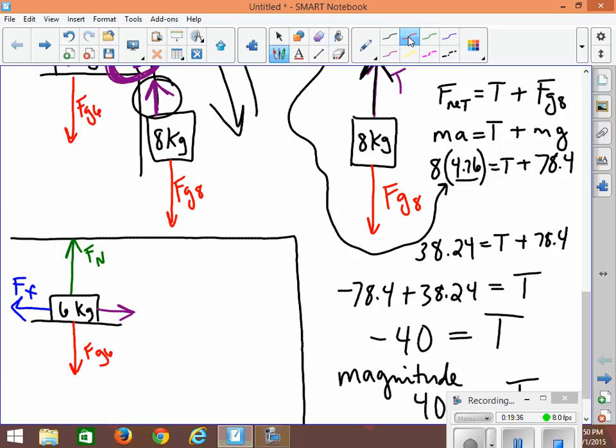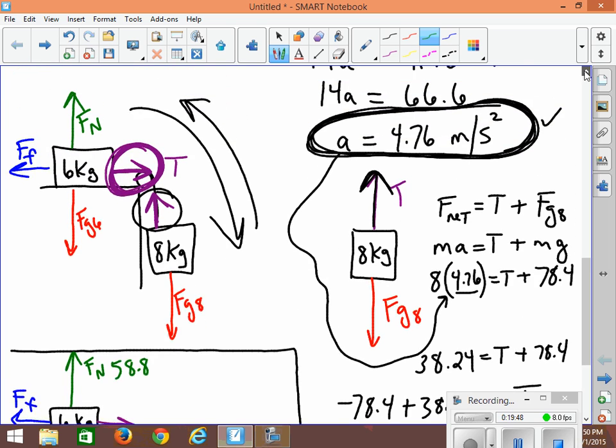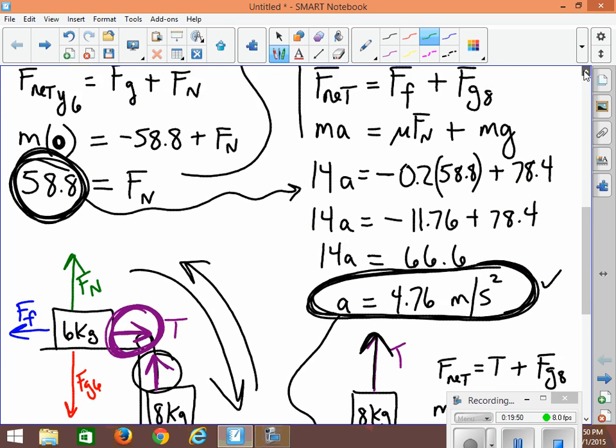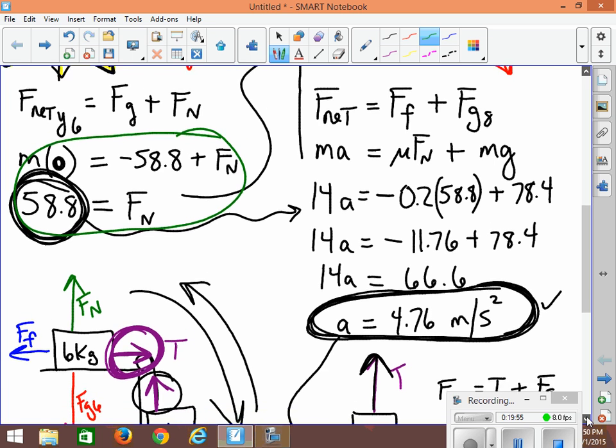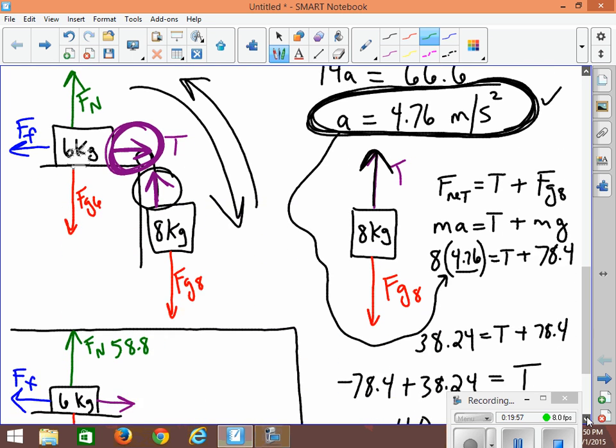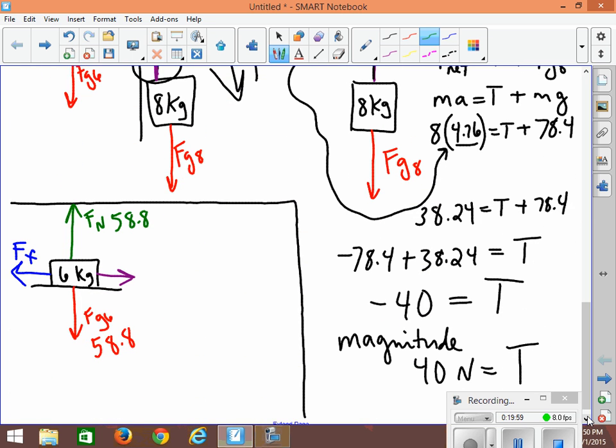We had seen that this was a 58.8 pulling down, which means that our normal force then was 58.8 pulling up. And we have that equation already written, so we don't have to write it again. We did that up here, and we found that out. So we'll just borrow that information and bring it down here. And again, that's only necessary for calculating the friction.